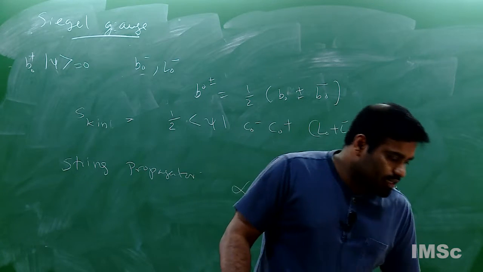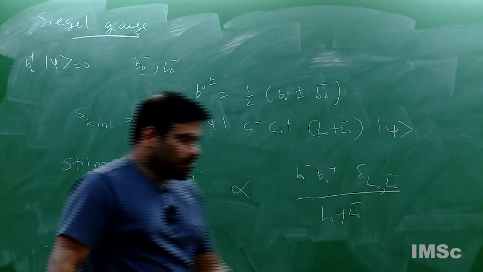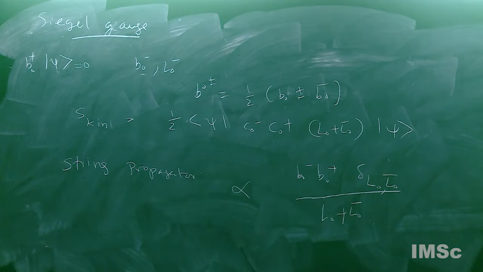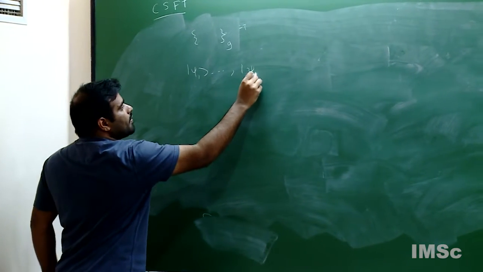Now let us discuss how we will construct the multilinear function. How will we construct this bracket? We can consider string fields psi 1 to psi n.